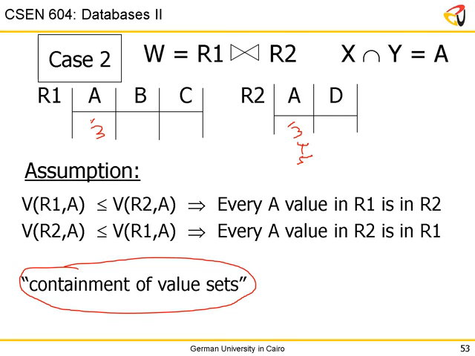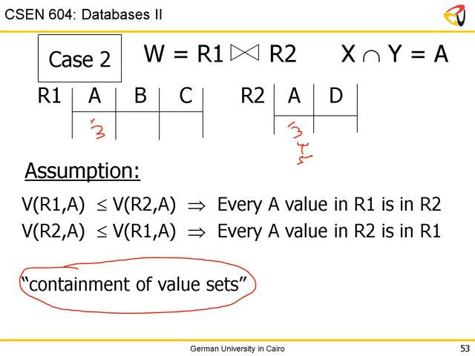What is this statement saying? If the number of unique values in column A in R1 is less than or equal to the number of unique values in column A in table R2, then every value in R1 is in R2. Do you agree? Let's read it again.